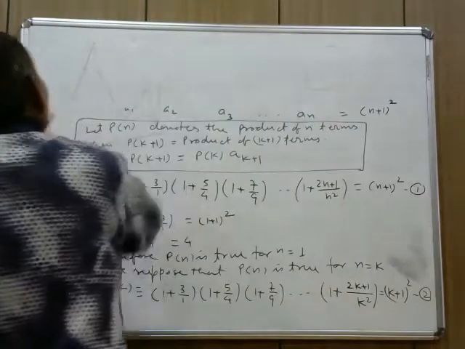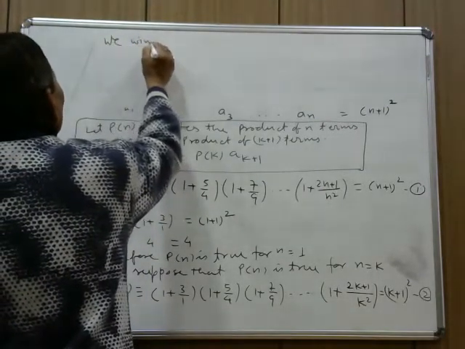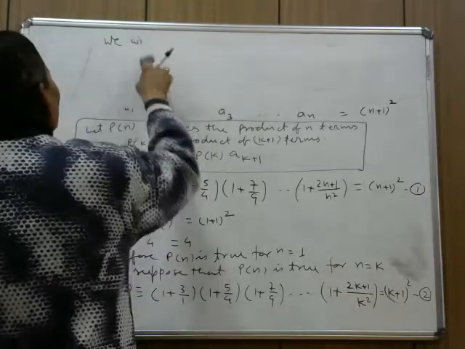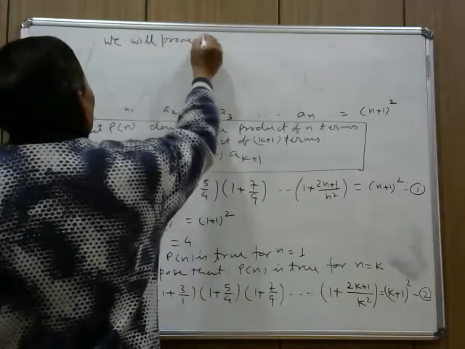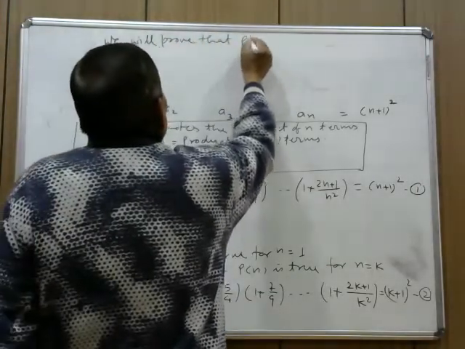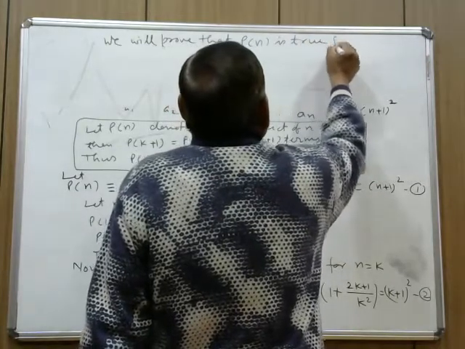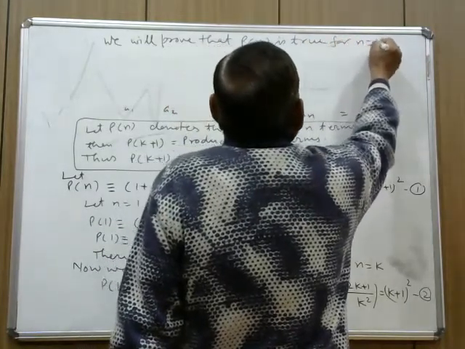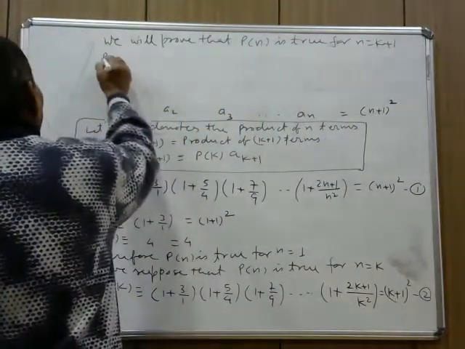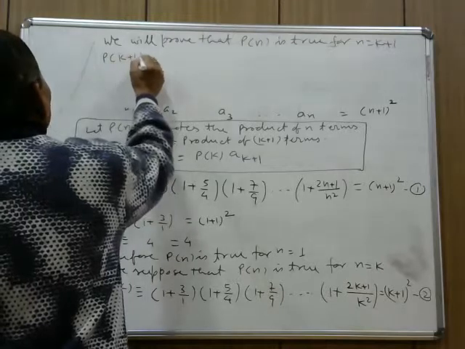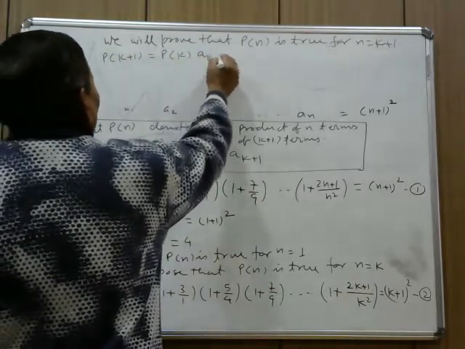We will prove that Pn is true for n equals k plus 1. So in this way, we can write P(k plus 1) equal to Pk into a(k plus 1).